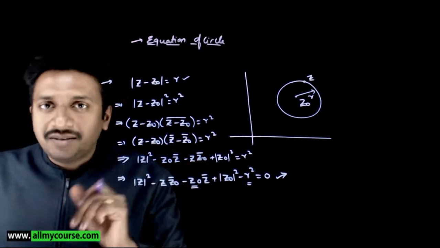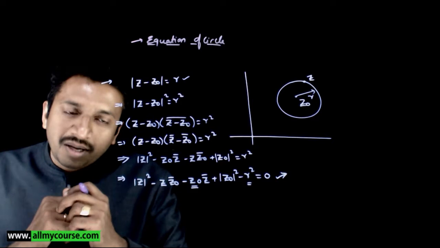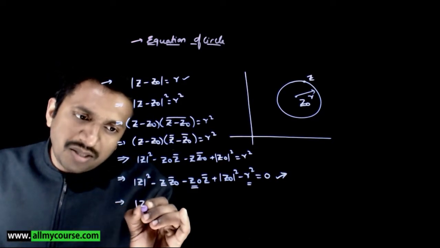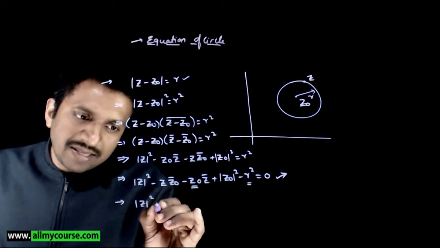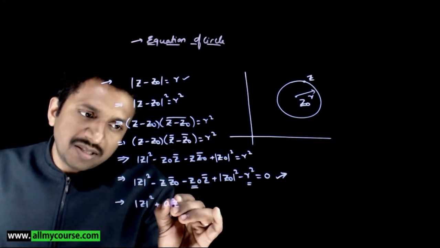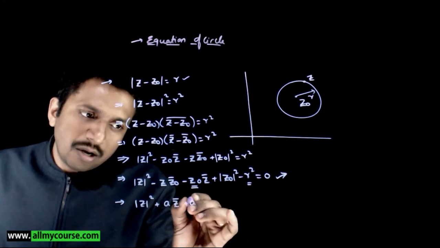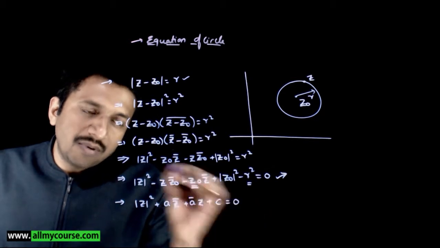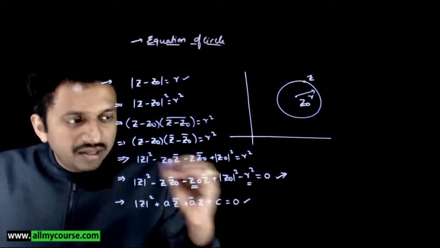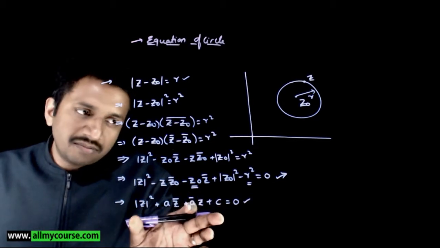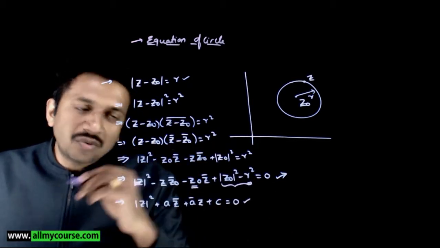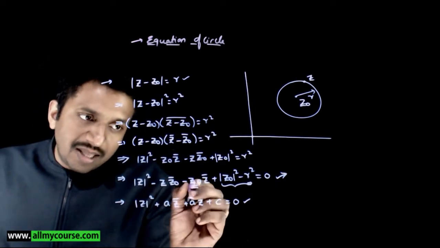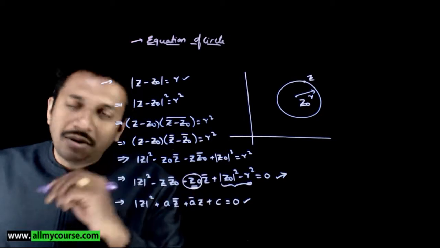If you carefully look at this equation, the general form in which the equation looks like is mod Z whole square plus some complex number A times Z bar plus the conjugate of that complex number times Z plus some constant is equal to 0. So this is how the equation of a circle looks like, where mod Z0 square minus R square is the constant term, and this A is nothing but minus Z0.